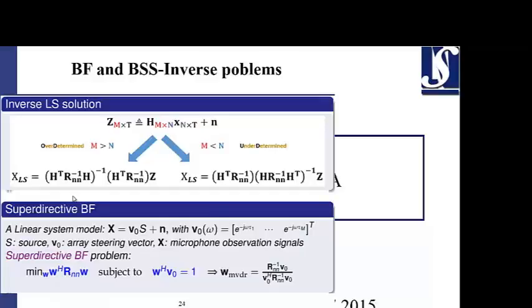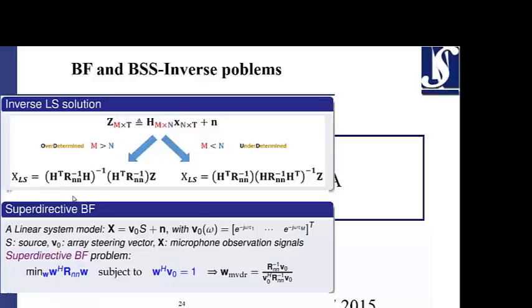Look at the overdetermined answer. S transpose R something inverse times this. And look at this one, and replace H with the array manifold vector. The size of array manifold is transpose, so this is V transpose. R is the covariance of the noise.